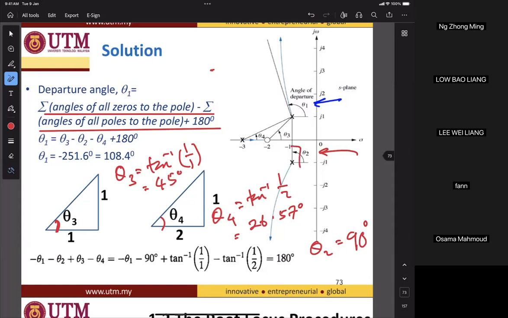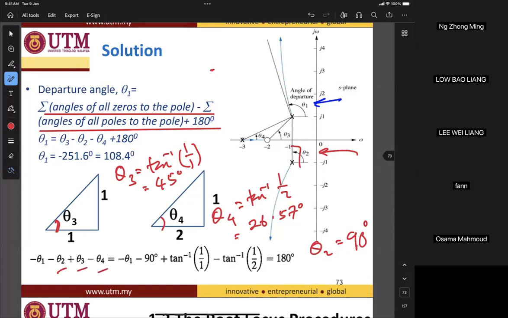Okay. So theta 3 is 45 degrees, theta 4 is 26.57, and theta 2 is 90 degrees.